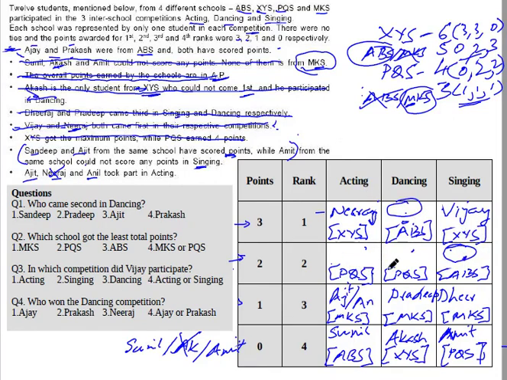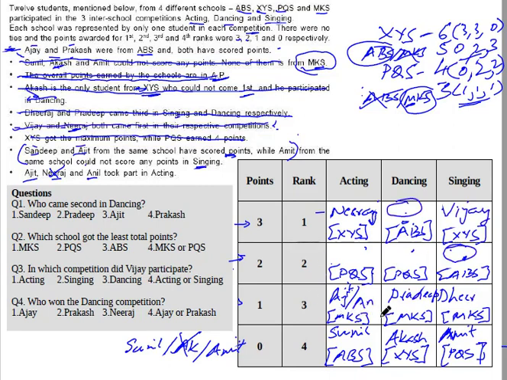Okay, now PQS, two people came second. Let's see. Sandeep and Ajit are from the same school, and both of them have scored points. Okay, Ajit can be from here. Now if Ajit is here, his classmates will be Pradeep and Dheeraj. That is not possible. So this cannot be Ajit.